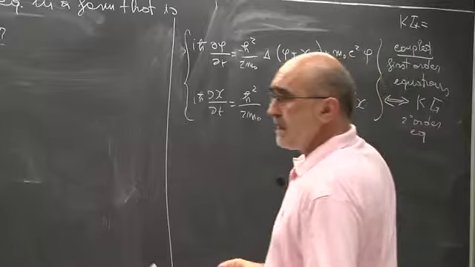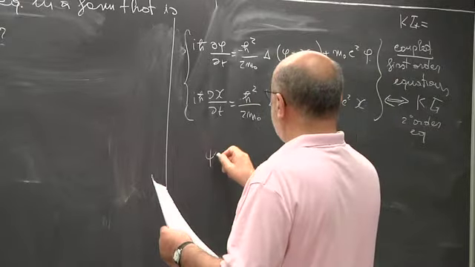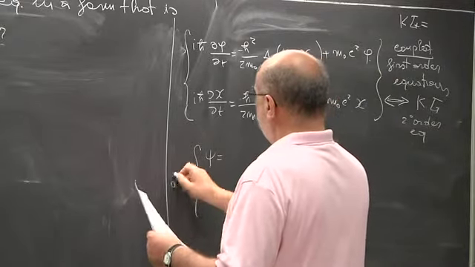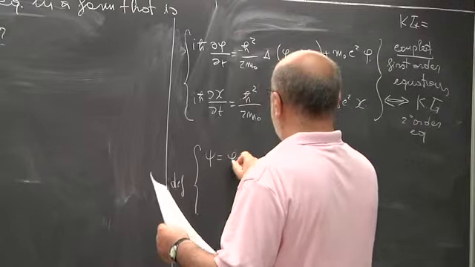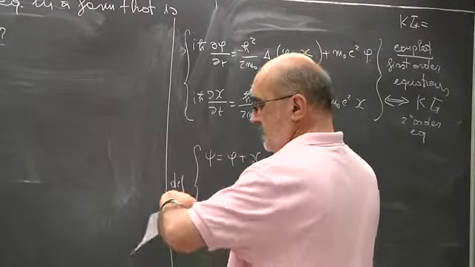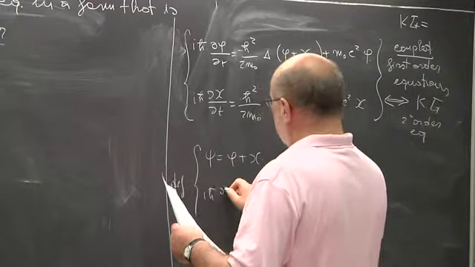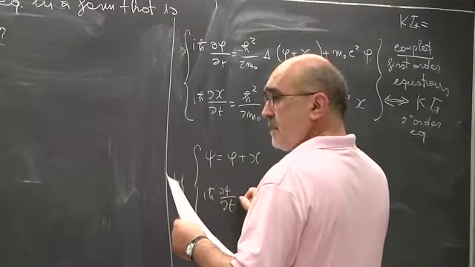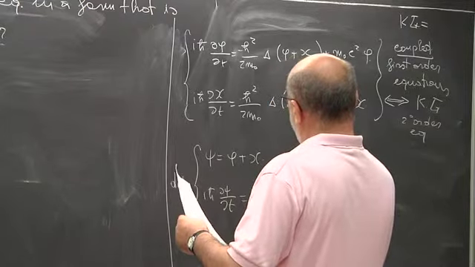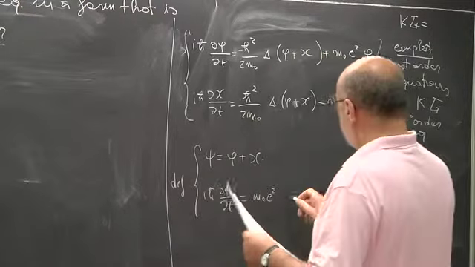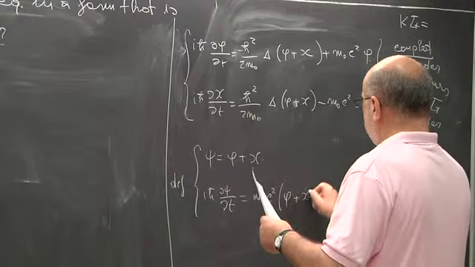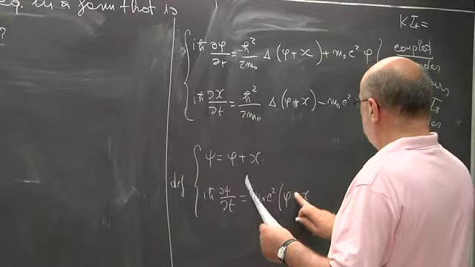We proved that, and the definition is psi equals phi plus chi, and i h bar d psi dt equals m0 c squared (phi minus chi).